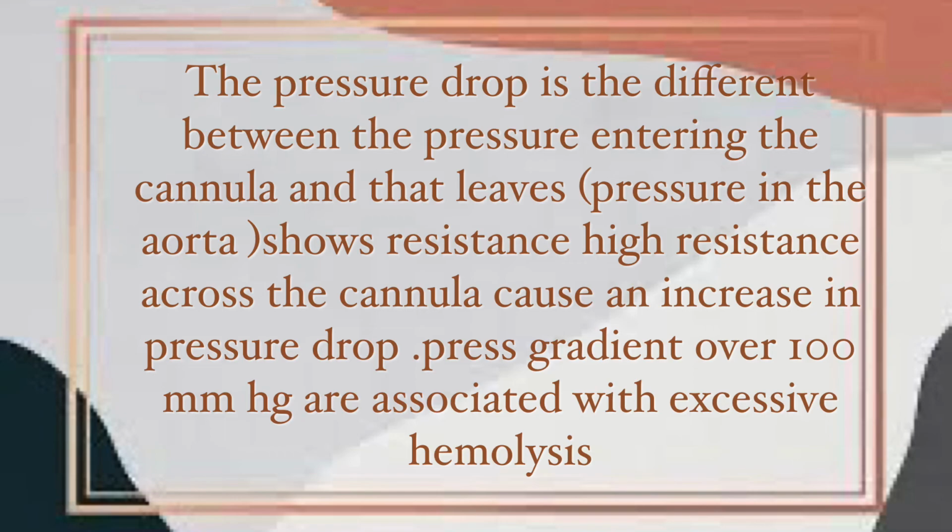The pressure drop is the difference between the pressure entering the cannula and the pressure leaving it in the aorta. High resistance across the cannula causes an increase in pressure drop. Pressure gradients over 100 mmHg are associated with excessive hemolysis.